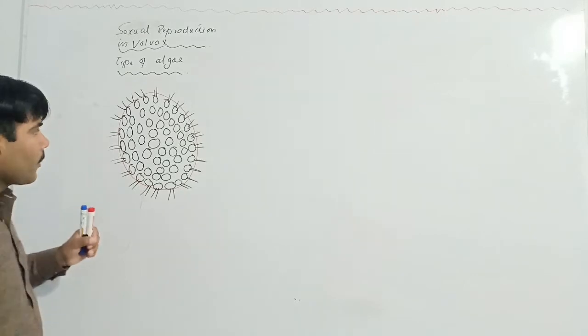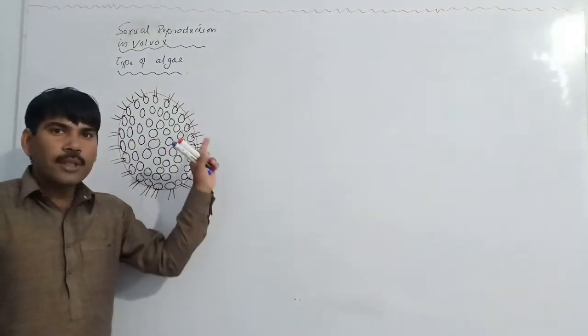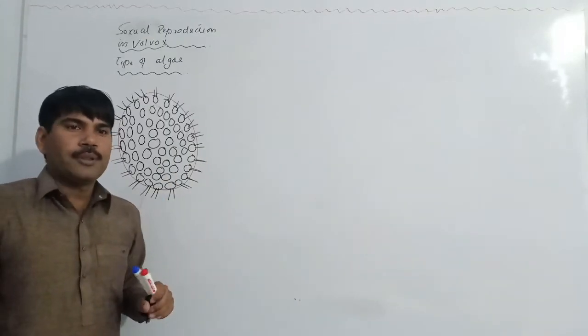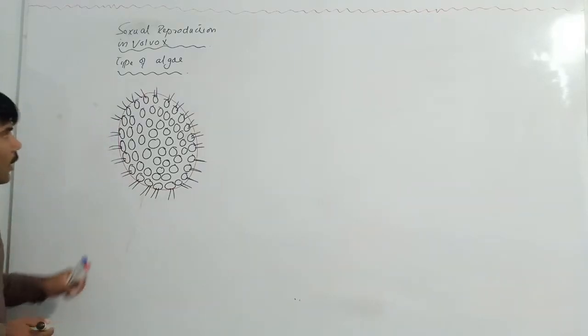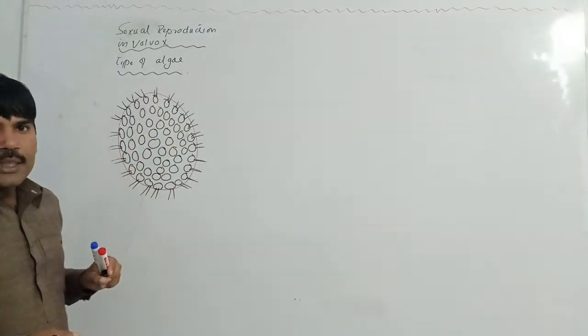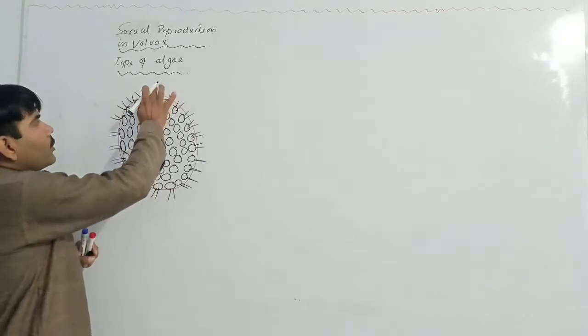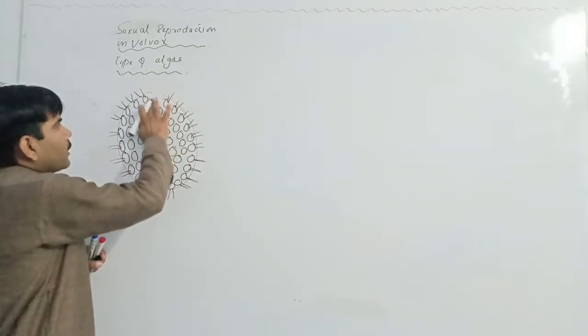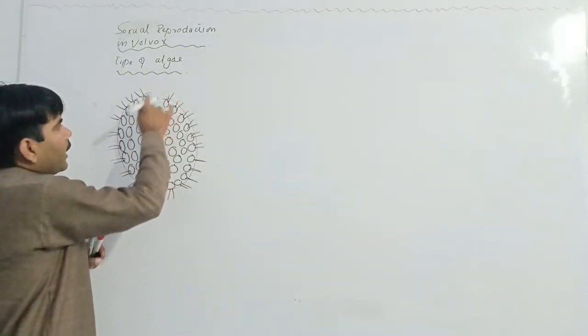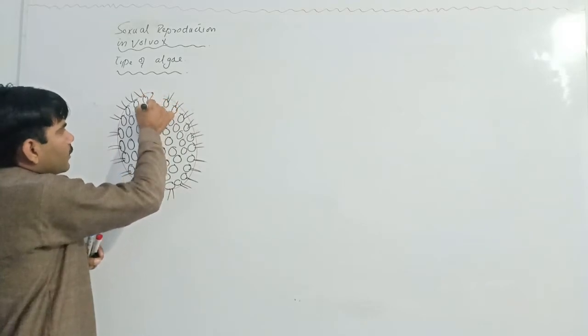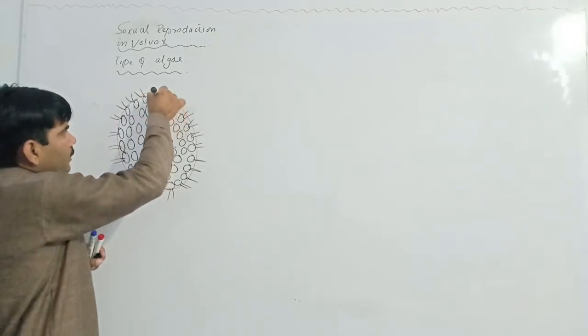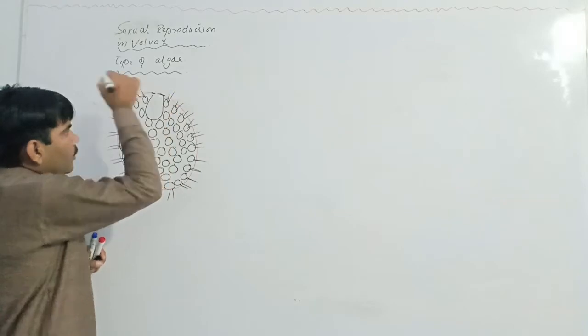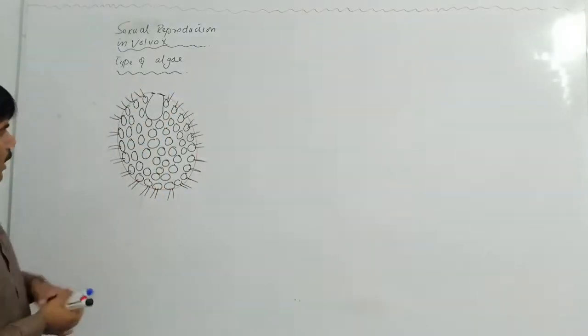But keep in mind, in the sexual colonies, asexual colonies are absent. Some cell out of these cells lose their flagella like this and increase the size. So basically this is one cell I am showing here.